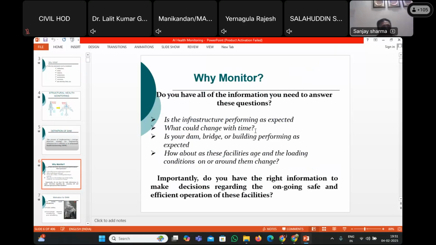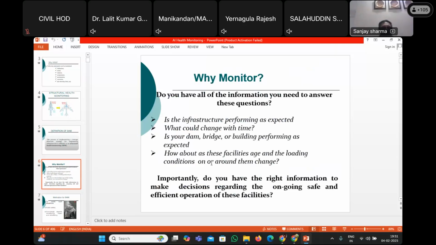Environmental factors are affecting it, right? They may cause some deterioration in the structure. So we need to understand what can change with time. Is your structure performing as expected under the conditions for which it was designed, and how about as these facilities age and the loading conditions around them change?